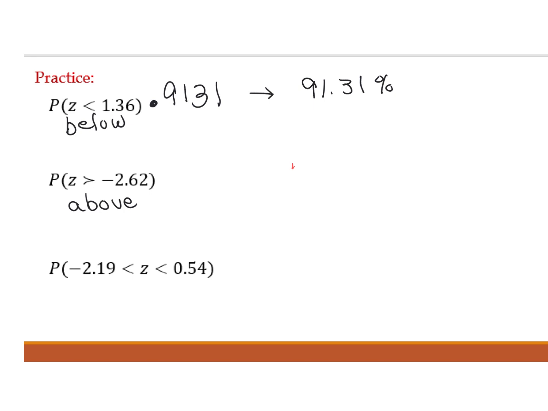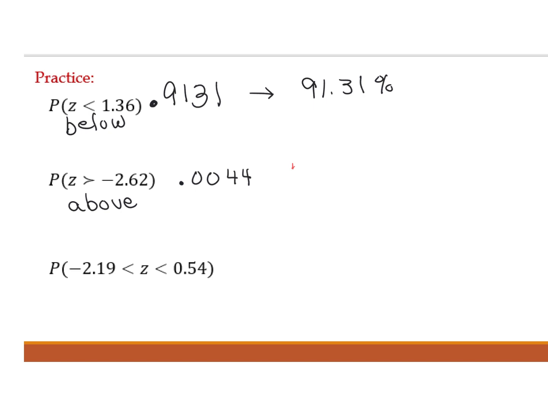Right, on our second example, we want to find the probability of a z greater than negative 2.62. So I'm going to do the same thing. I'm going to find negative 2.62 on my table. And on my table, that gives me the decimal 0.0044. Okay, what I'm going to do at this point is remember, oops, this table only gives me below.